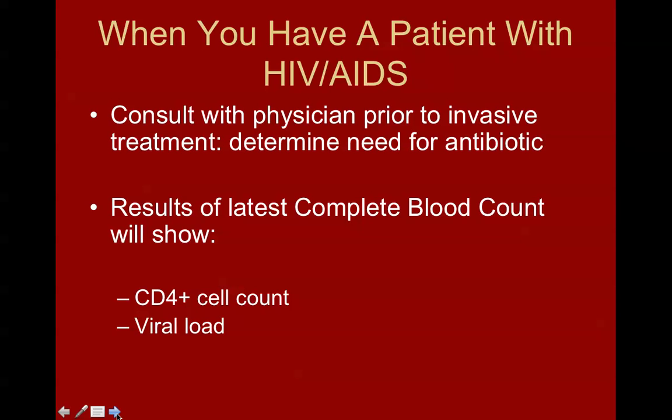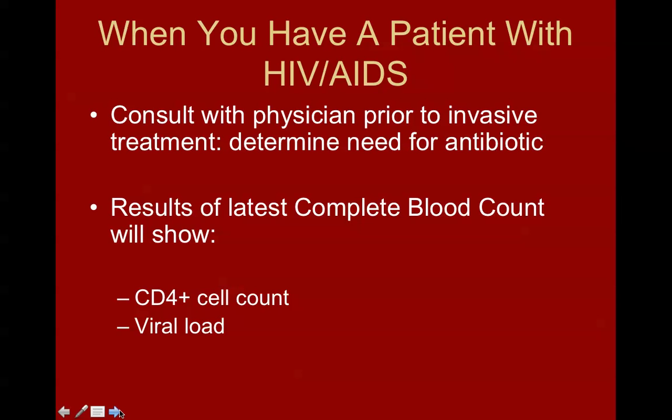So explain that to them, and the results of the latest blood count will show the CD4 plus cell count and the viral load. And if you remember, the lower the CD4 count, likely the higher the viral load. The lower the CD4 and the higher the viral load, the more advanced their HIV infection is, the more severe their symptoms, and the more risk they are of infecting another because their viral load is high.